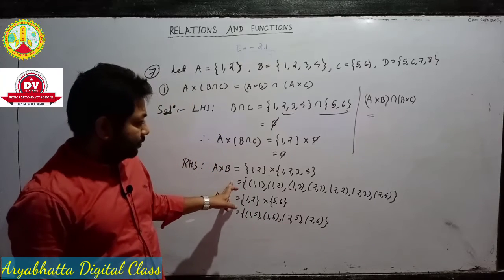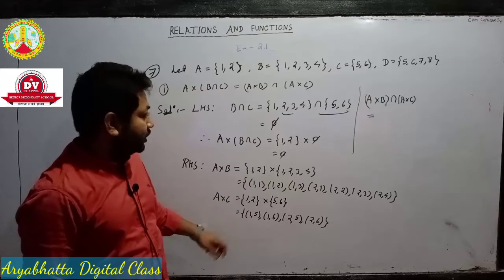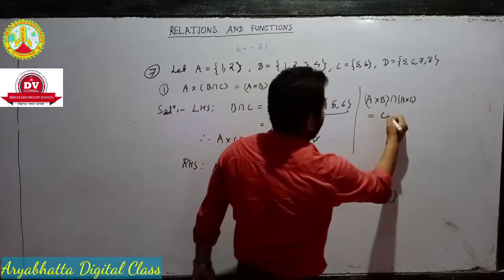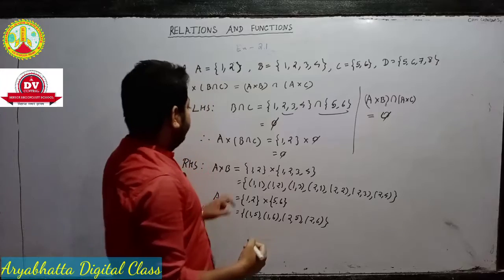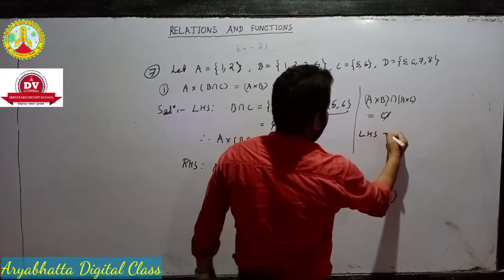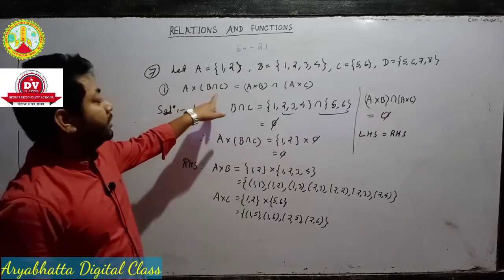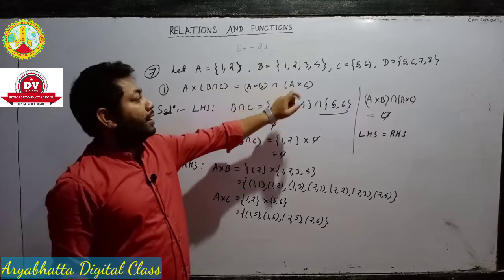Here, there are no common elements of A cross B and A cross C. Therefore, this is equal to the empty set. Therefore, we have left hand side is equal to right hand side. Hence proved, A cross (B intersection C) is equal to (A cross B) intersection (A cross C).